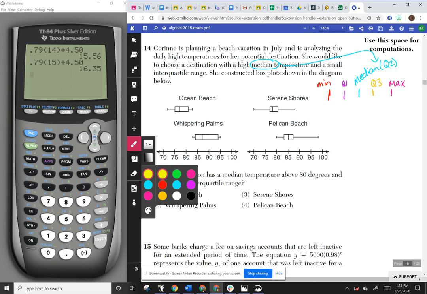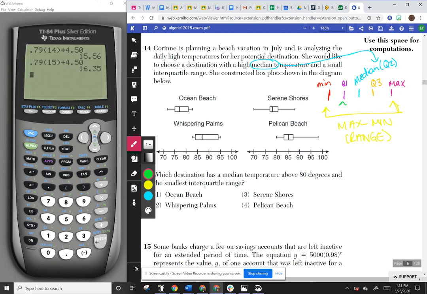We know range, right? Range is something we're very familiar with. It's just the max minus the min. I know that's a little hard to see, but that's not really as important. What's more important is the interquartile range.